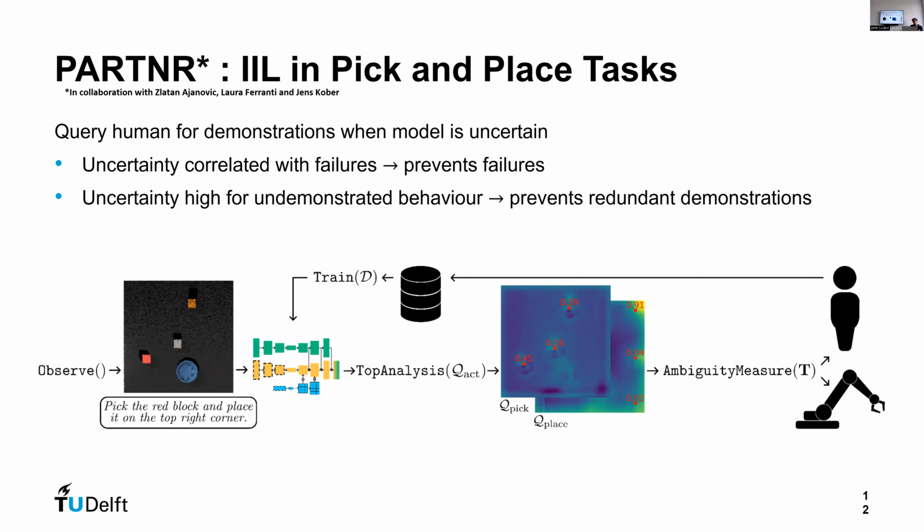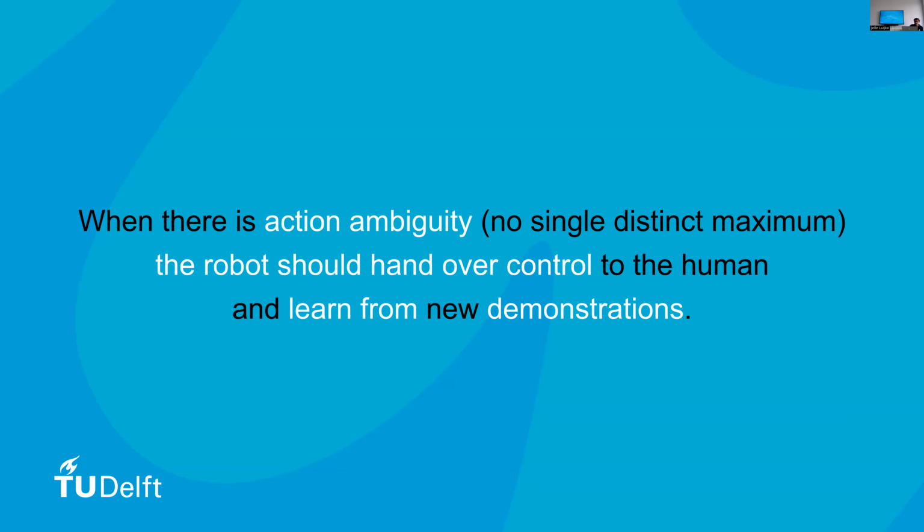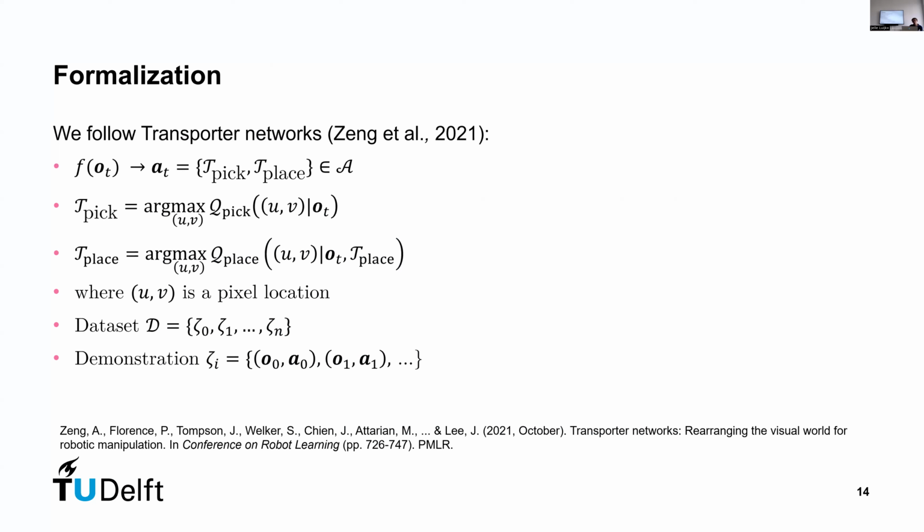If it's very confident, we execute this action, but whenever it's not confident, we hand over control to the human, and we query for a new demonstration, aggregate this demonstration to the data set, and update our model. So in one sentence, when there's action ambiguity, with no single distinct maximum in our model, the robot should hand over control to the human and learn from new demonstrations.